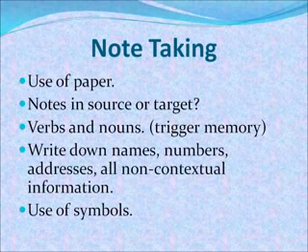Now, what type of words do we write down? Well, words that will trigger your memory, and that usually comes down to verbs and nouns, as we saw in the previous example. Now, other things that we have to write down are names, numbers, addresses, and any other type of non-contextual information.